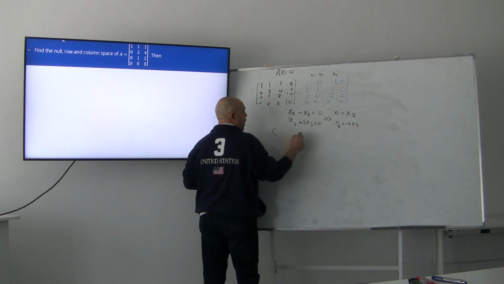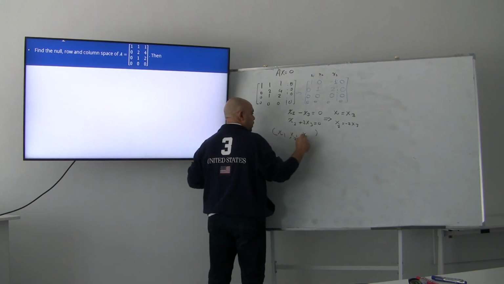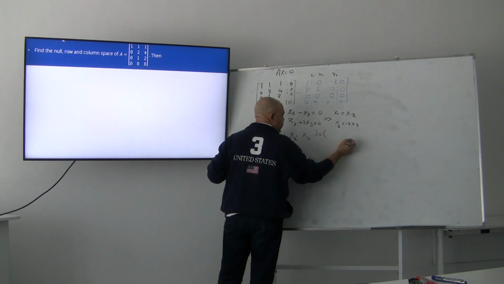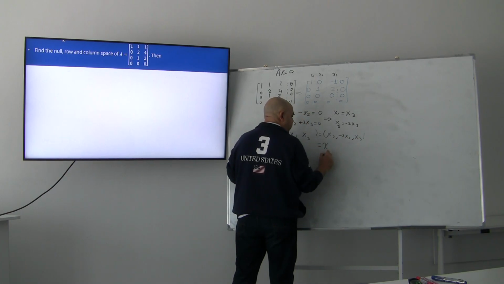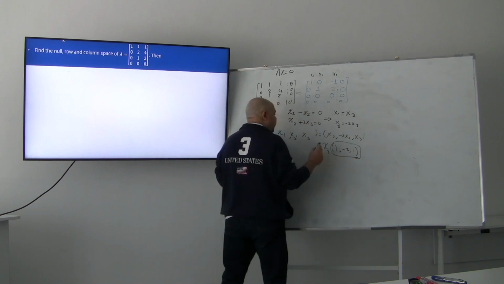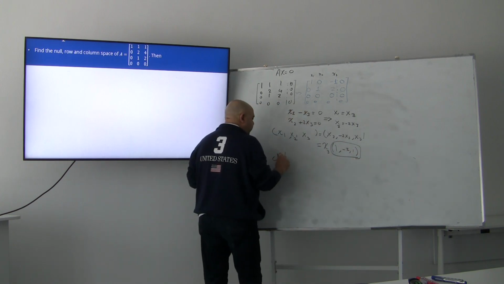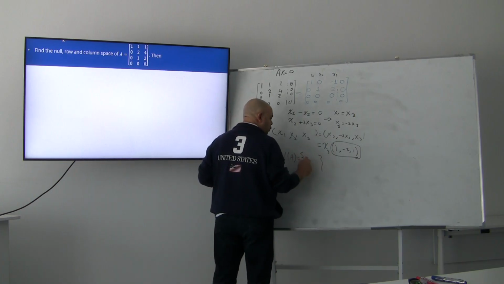So the vector components x1, x2, and x3 are simply x3, -2 x3, and x3. Taking x3 as a common factor, I will have 1, -2, and 1, which represents the null space. So I can write that the null space of A is the set of 1, -2, and 1.